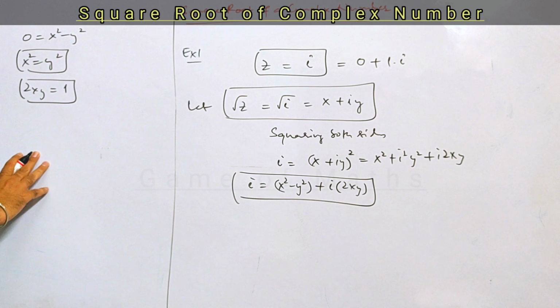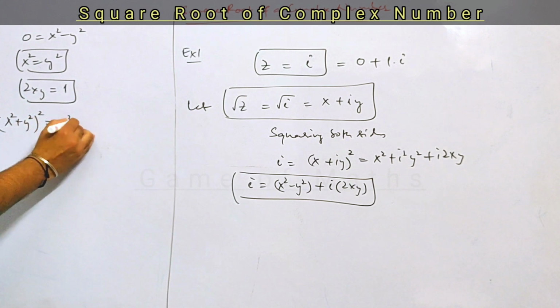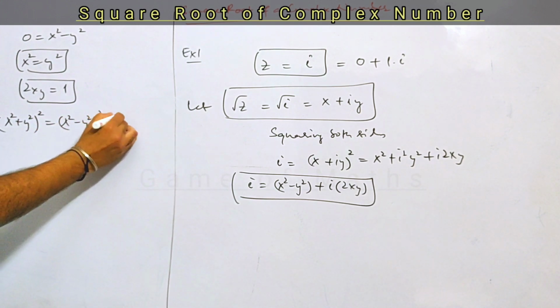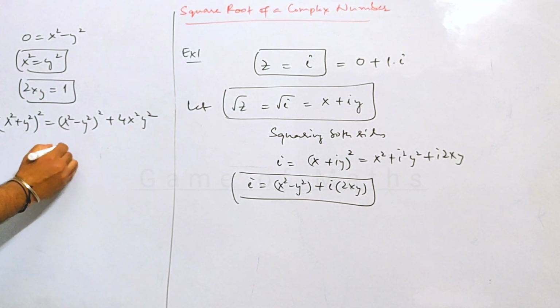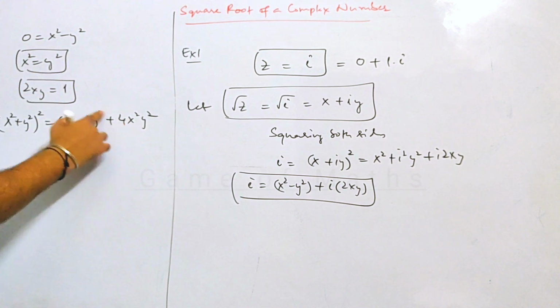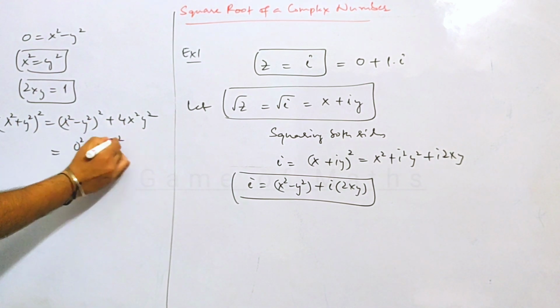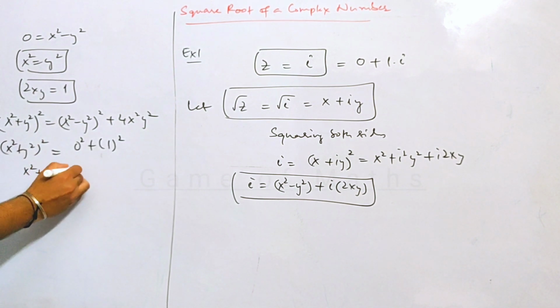Now we can use an identity. This identity we'll use. So I'll put the value of x square minus y square, which is 0, and I'll put the value of 2xy from here, which is 1. So this gives me x square plus y square equal to 1.